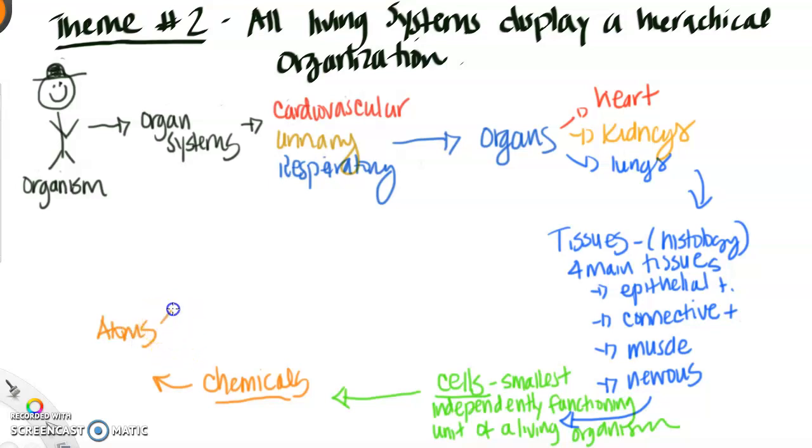Atoms are also made out of smaller things called subatomic particles. We've got protons, neutrons, and electrons.